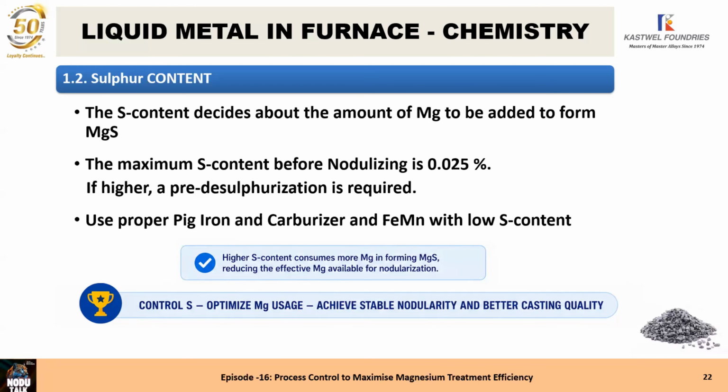What we have to do for that is use the proper pig iron, the proper carburizer, and ferromanganese if you add it, because in these three, the sulfur content can be too high.